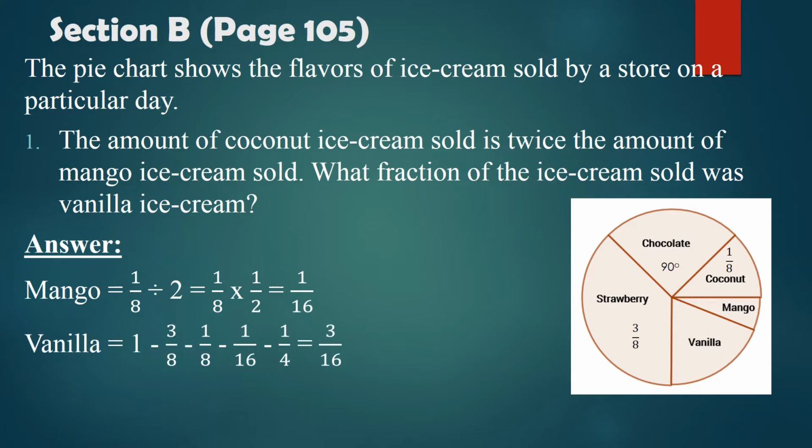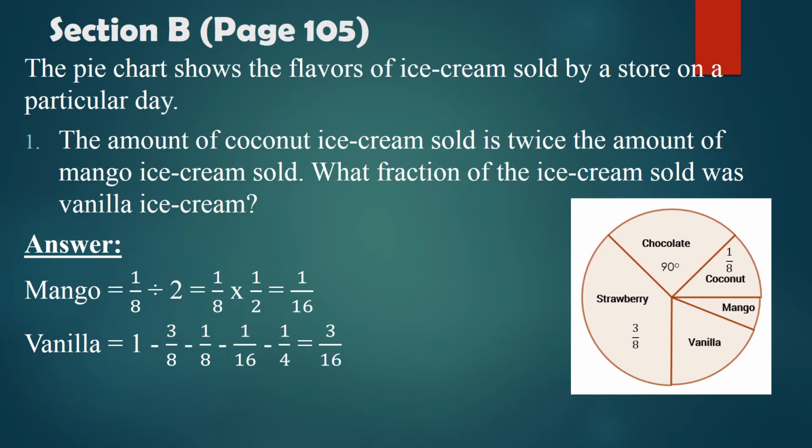After that, you need to find the fraction of vanilla. As you know, a pie chart represents one whole. So if you want to find vanilla, you have to take one whole minus the fraction of strawberry, minus the fraction of coconut, minus the fraction of mango, and minus the fraction of chocolate.